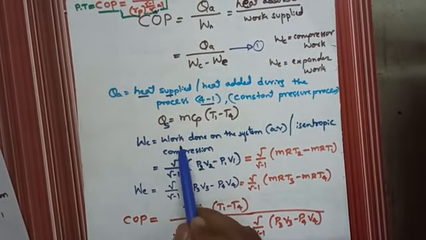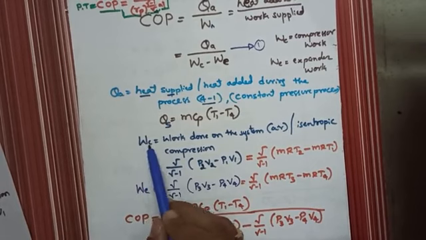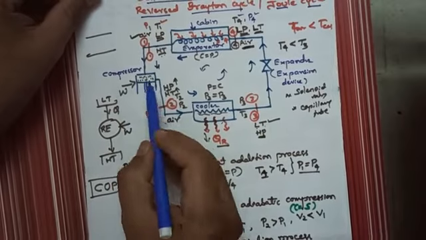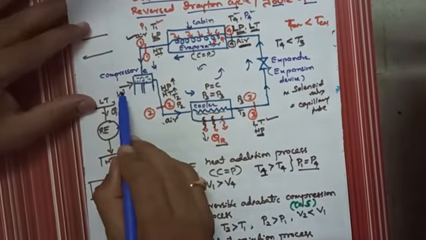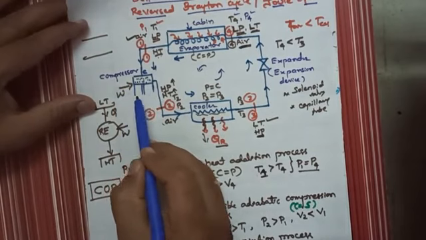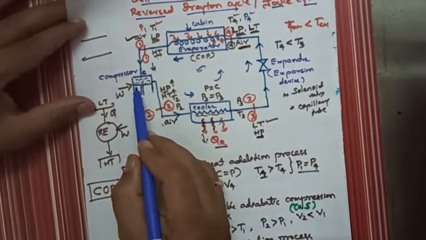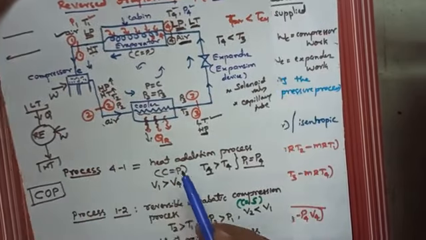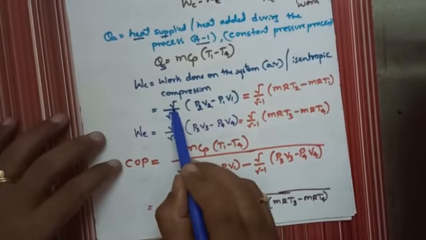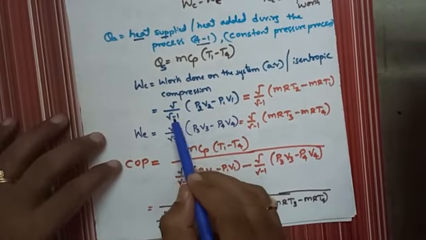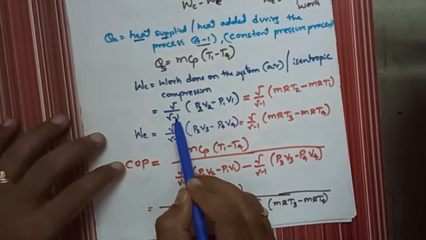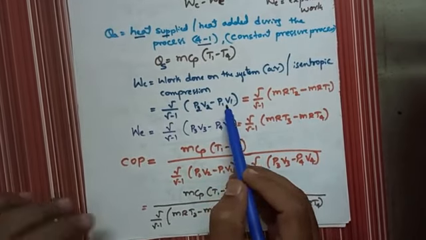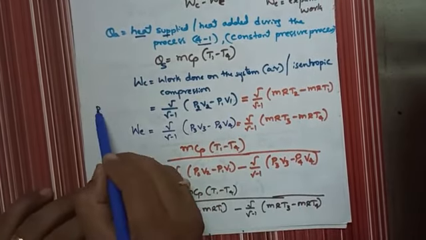Now Wc is equal to the work done on the system, that is work done on the compressor. Here this is the compressor device C. The expression for work during isentropic compression was provided in the previous courses, and we know that Wc, the work done on the compressor, will be calculated using gamma divided by gamma minus 1, (P2V2 minus P1V1). Now we know the ideal gas equation PV is equal to mRT.